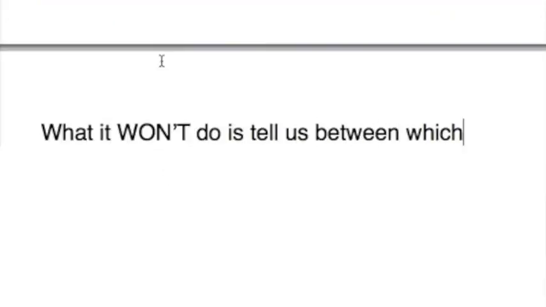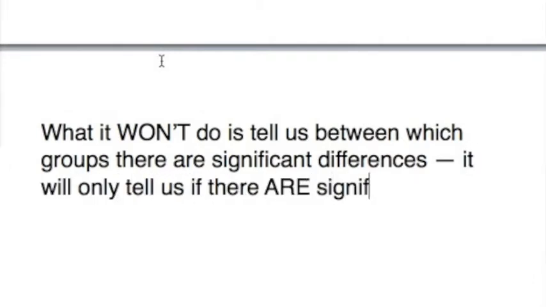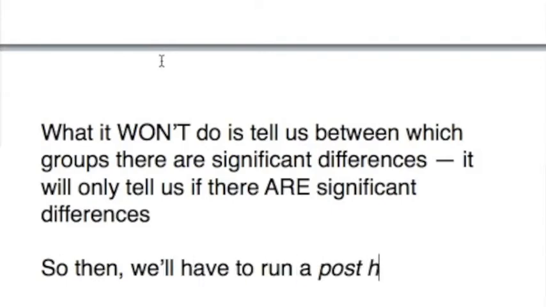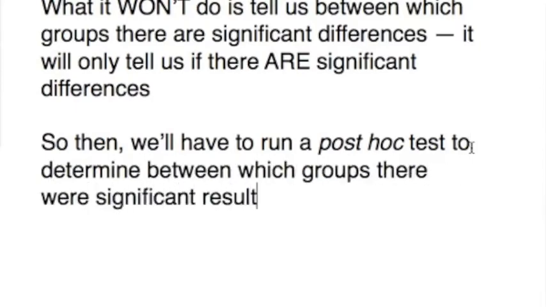However, what ANOVA doesn't do is it doesn't tell us between which groups there are significant differences. It only tells us if there is or isn't a significant difference. So then we have to run a post hoc test afterwards, which you know from the Latin means after the fact. And that one will tell us between which groups there are actually significant results. But that's the last step we have to worry about.